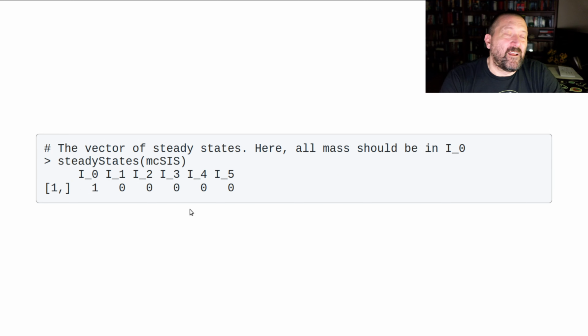Steady states. You could do steady states here, but steady states is always going to be weird. In an absorbing chain, because there's one absorbing state, eventually, because the probability of ending up in the absorbing state is 1, that's where all the mass is.